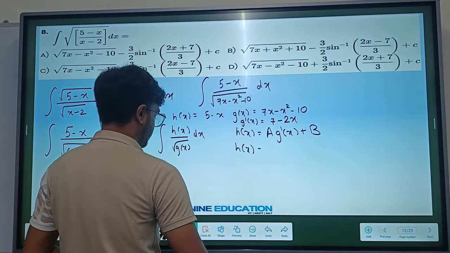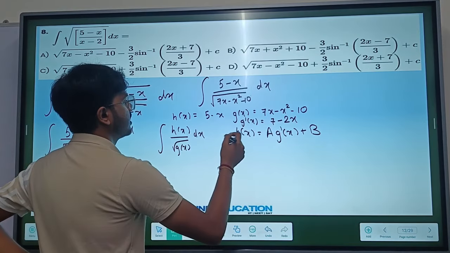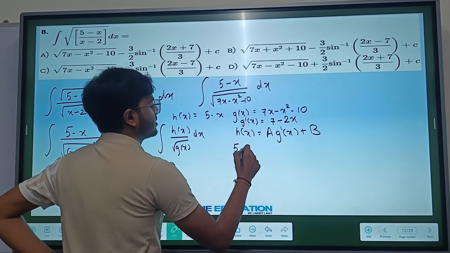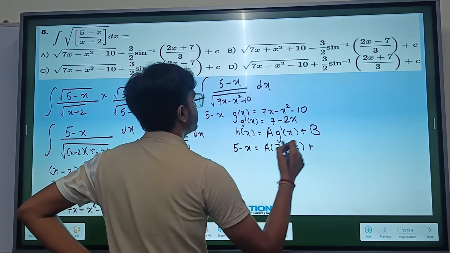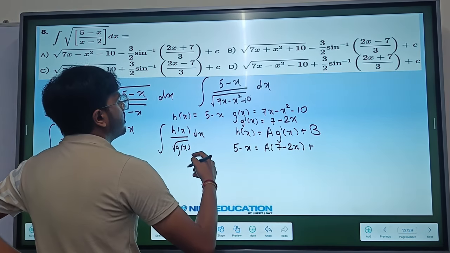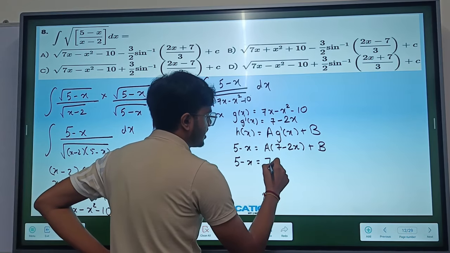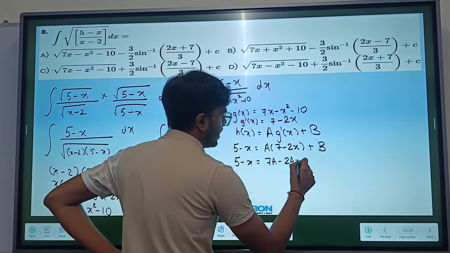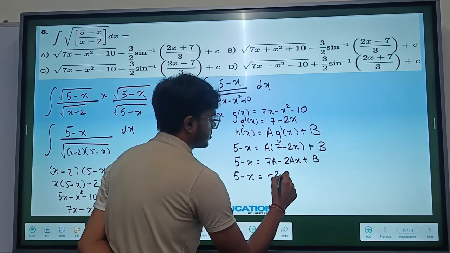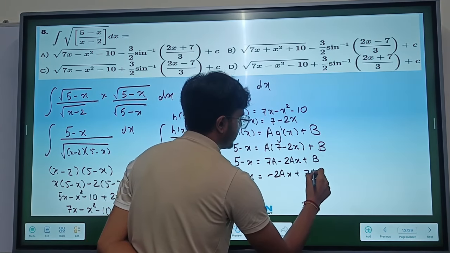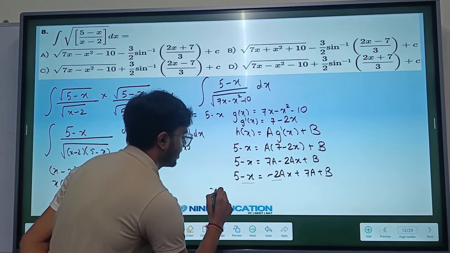So h(x) is 5 − x equal to a(7 − 2x) + b. What is b? b is a constant. So 5 − x equals 7a − 2ax + b, that is −2ax + 7a + b. If you compare the coefficients, the coefficient of x is −1, here −2a.